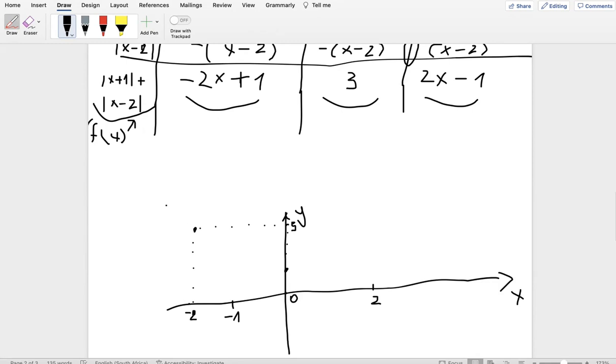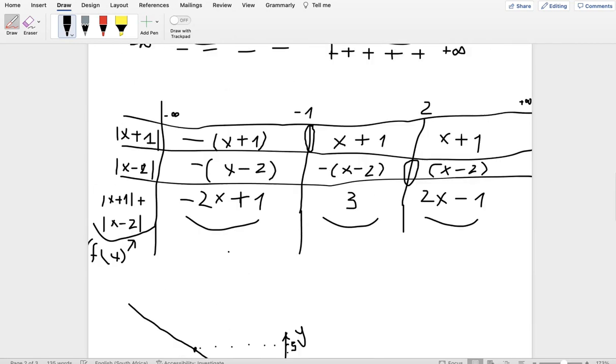So the function should go something like this, all the way up until it hits -1, because remember, -1 is another point of importance. So the function should go like this, right?